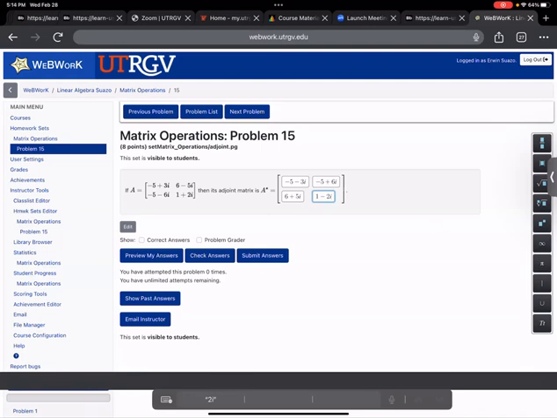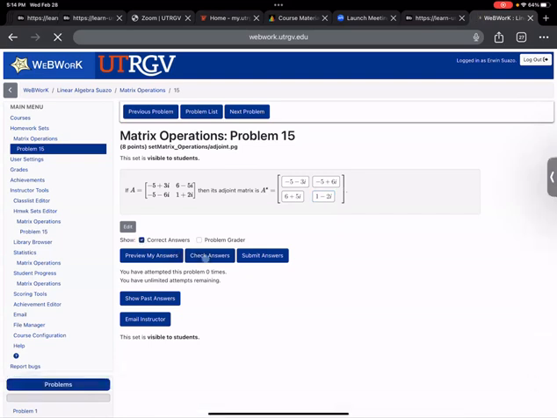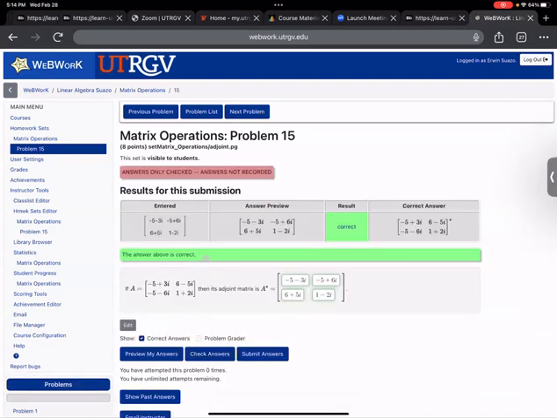Okay, so this one, the transpose, it stays the same, right? But since it's conjugate, we need to change it to minus. This is correct, okay? So these are just operations.